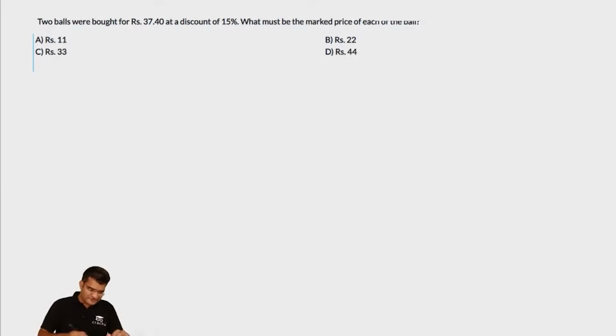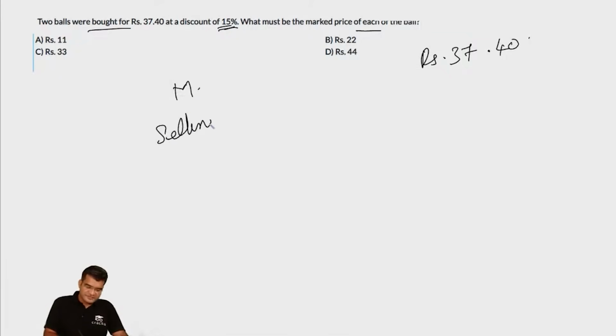Let us look at the information that is given to us. We are told that 2 balls were bought for 37 rupees and 40 paise, and this was after a discount of 15%. We are required to calculate the mark price of each of the balls. Let us assume that the mark price is M. As the discount is 15%, what is the selling price of each ball?